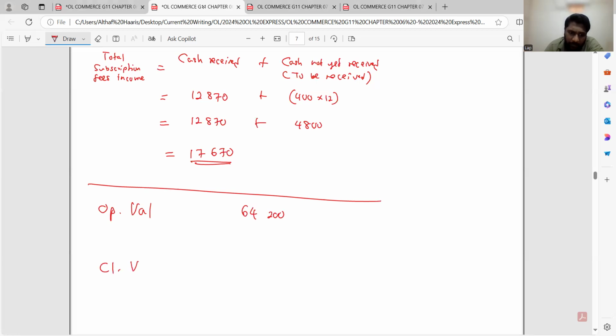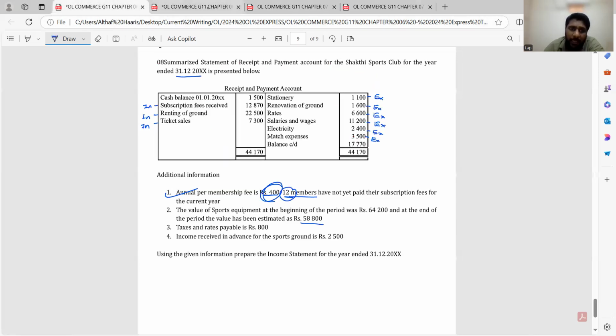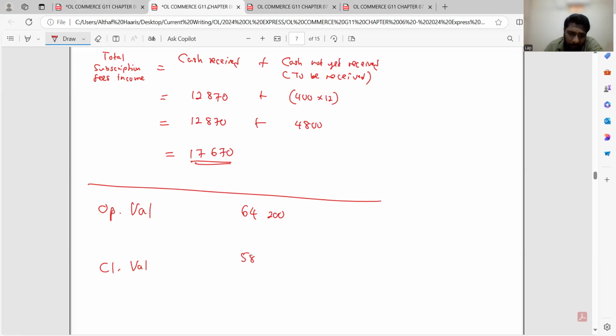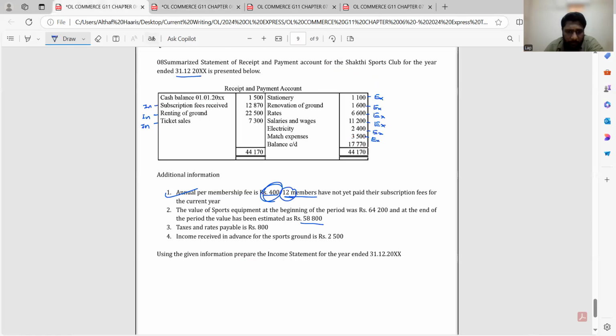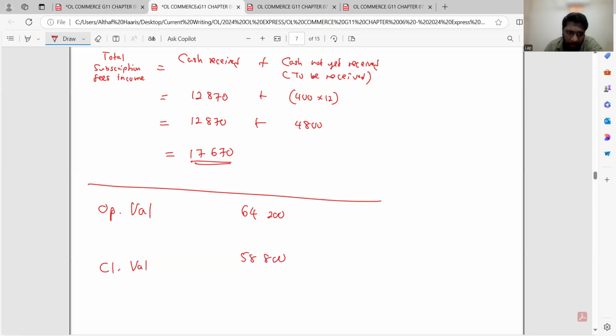Closing value, end of the period, 58,800. So the value of this sports equipment has been reduced.